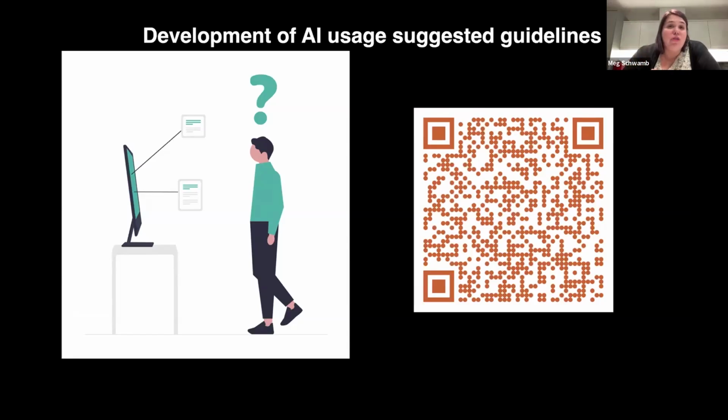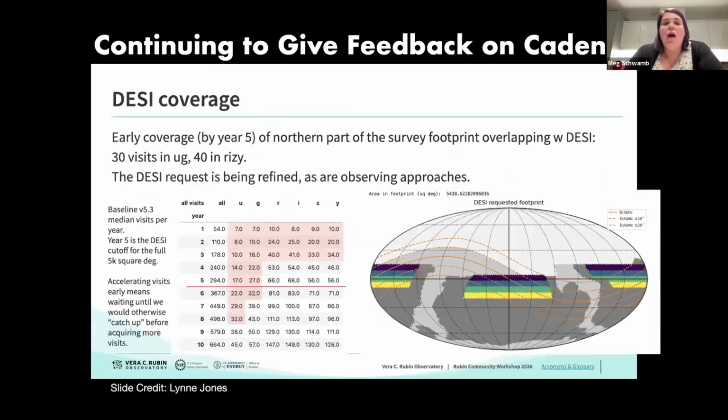Can you just take a paper, put it through ChatGPT and spit out feedback and send that back as your own? Is that okay? We should think about those things and how people should reference when they're using these things, if they're using it to translate code or improve code, et cetera. As with LSST, there are benefits from being able to use agentic AI that we want to think about how, as a collaboration, we want to use. And the QR code is to a really great paper by David Hogg that talks about these things.